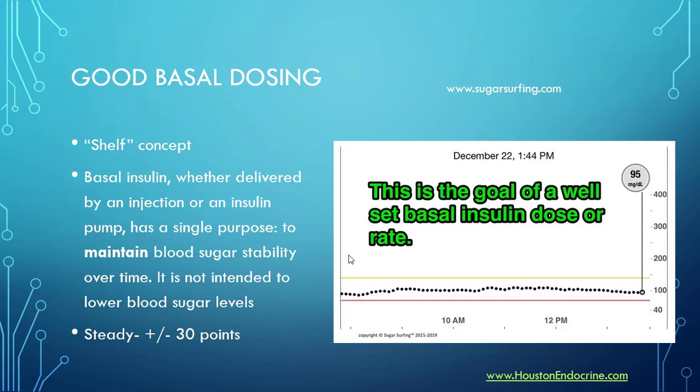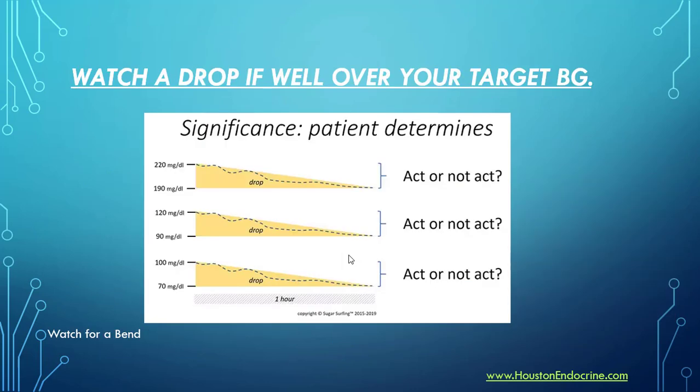Whether this is given to you by a pump or a basal injection of insulin like Lantus or Levemir, it's a steady state of keeping your blood sugars within 30 points. It's important to look at this every so often, and you should start to look for a drop. Every hour or so, you should be looking and seeing if you're starting to drop.